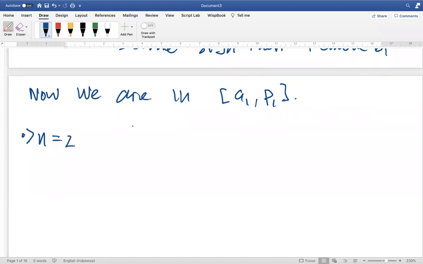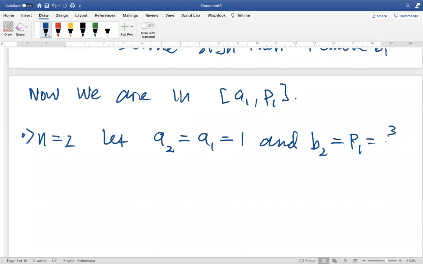Let A2 equal A1, which is 1, and B2 equal P1, that is 3/2. Then find P2.